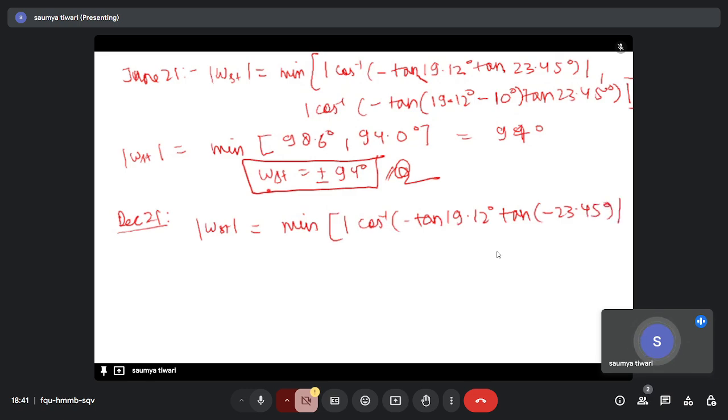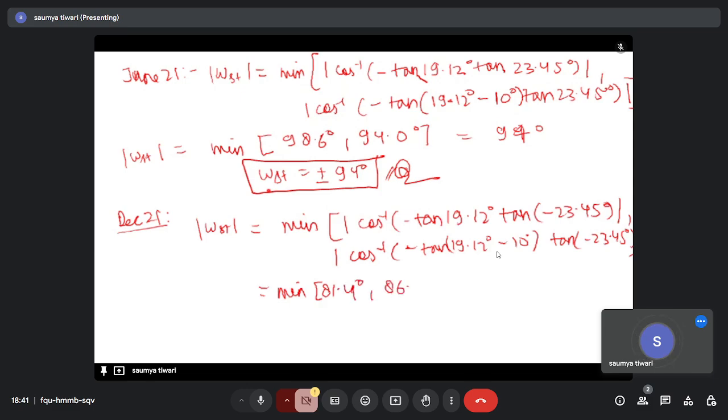The declination angle has changed, and then it will be minus of tan 19.12 minus 10 into 10 minus 23.45 degree, right? So the values will be the minimum of 81.4 degree and 86 degree. So now here the minimum value is 81.4, right? And your omega st value will be plus minus 81.4.